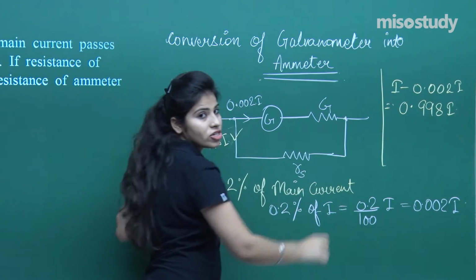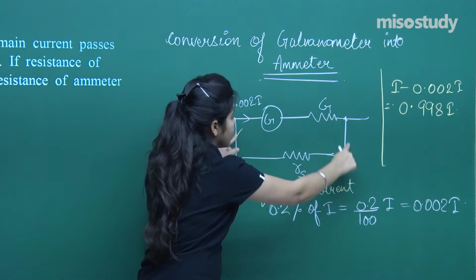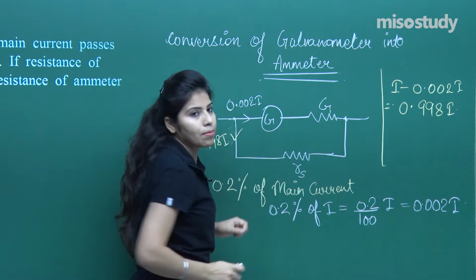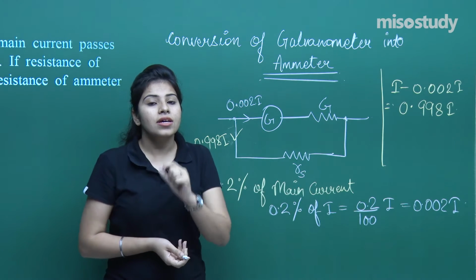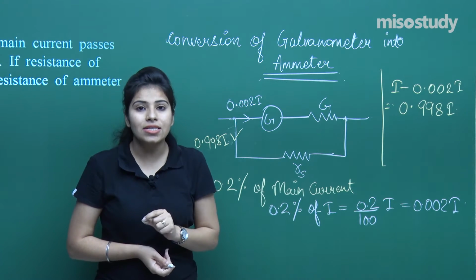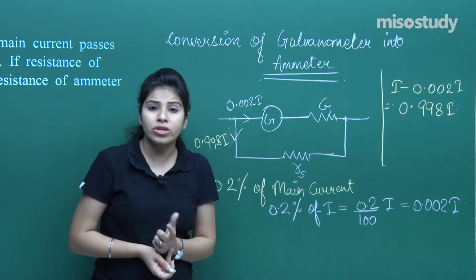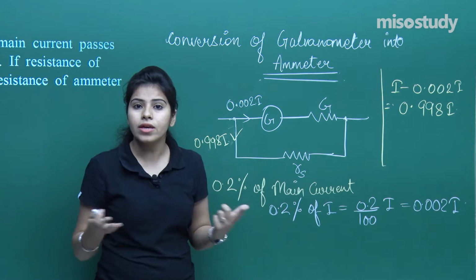Say these are two junctions, this is one arm and this is the second arm. We can see that they are connected in parallel. We know that when two resistors are connected in parallel, the potential difference across them is equal.